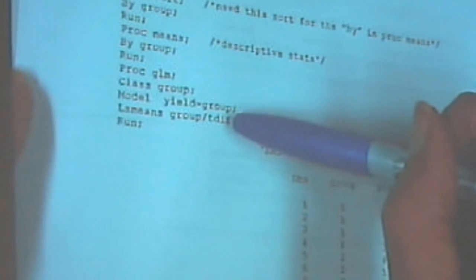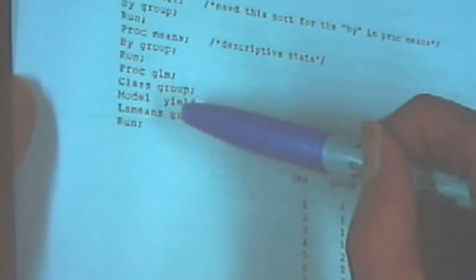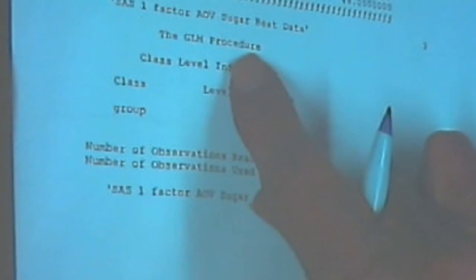So there's a new line there. We'll have to see what the result of that is when we get to it. Okay. But other than that, this is the regular proc GLM with one new addition to it at the end. So let's see what it produced. So here it starts to say at the bottom of the second page, the GLM procedure, boilerplate description there.